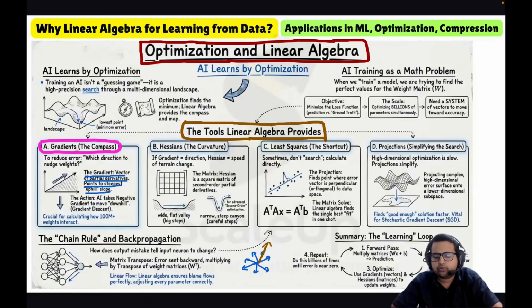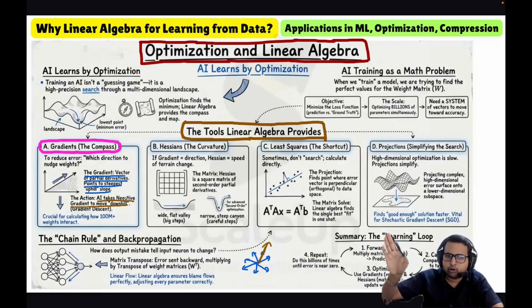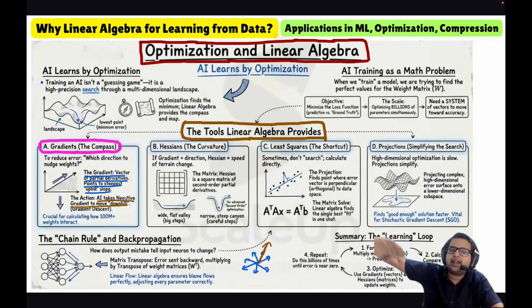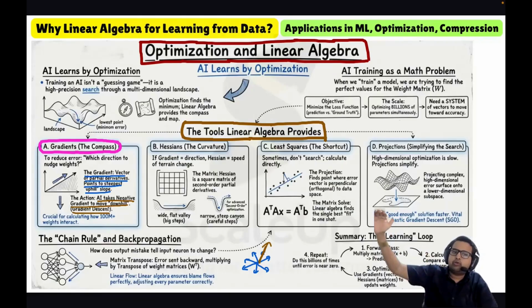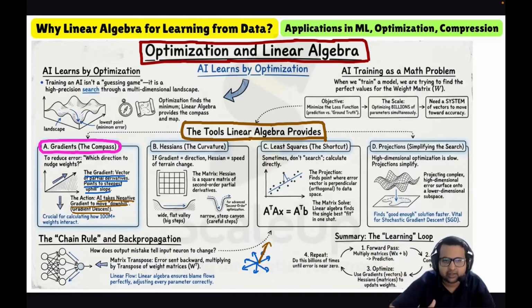Now, to improve or optimize the AI, it takes the negative gradient to move downhill, because our goal is to minimize the loss. So we move in a direction opposite to the steepest uphill slope. We take the negative gradient to move downhill, and that is what gradient descent is. Gradient descent means descending, moving downhill, opposite to the direction of the gradient.